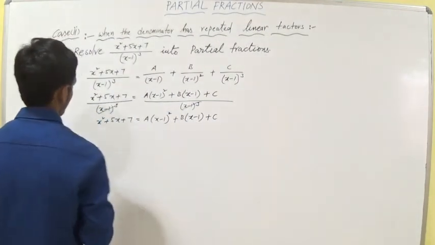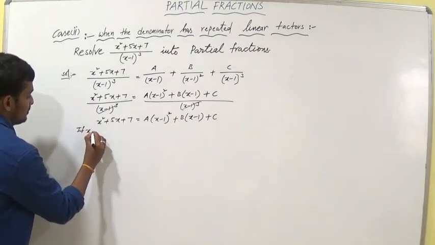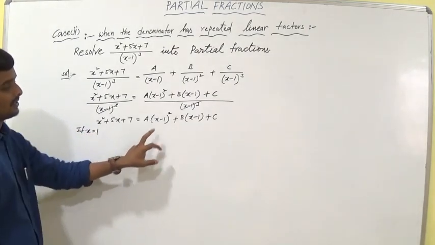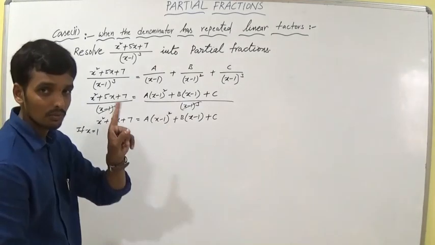I am writing first one, if x is equal to 1, why? Because x minus 1 is a factor, x minus 1 is equal to 0, then x is equal to 1.